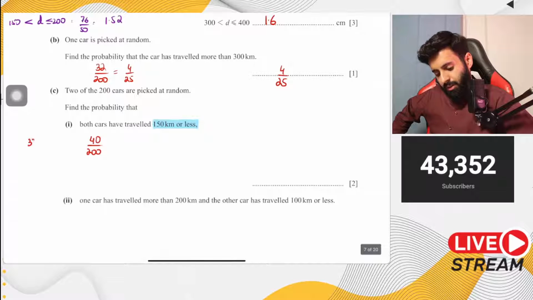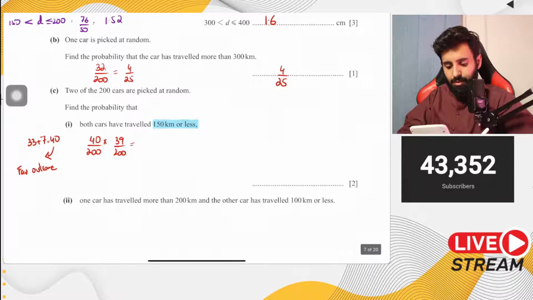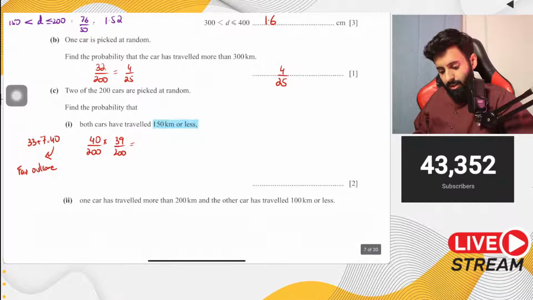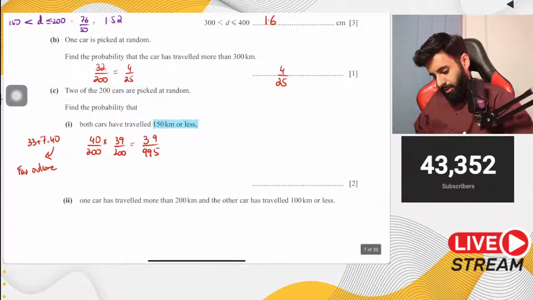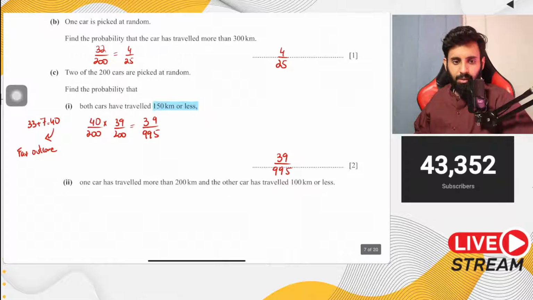Because 33 plus 7 equals 40. And for the second car, it's going to be 39 upon 199. So 40 into 39 divided by 200 into 199. So we're looking at 39 over 995, which you can't simplify any further.